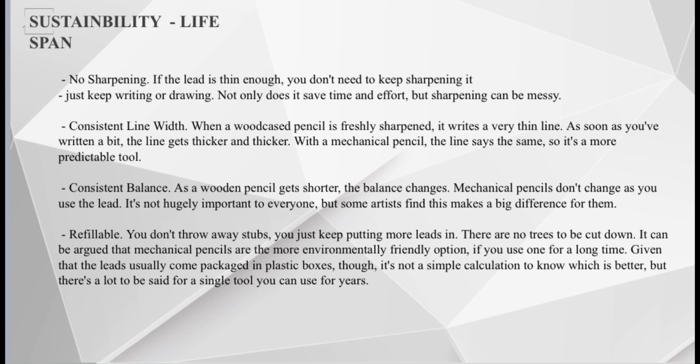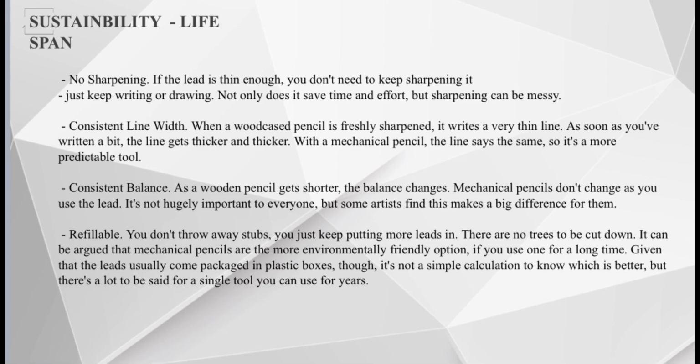With a mechanical pencil, the line stays the same, so it's a more predictable tool. Consistent balance. As a wooden pencil gets shorter, the balance changes. Mechanical pencils don't change as you use the lead. It's not hugely important to everyone, but some artists find this makes a big difference for them.